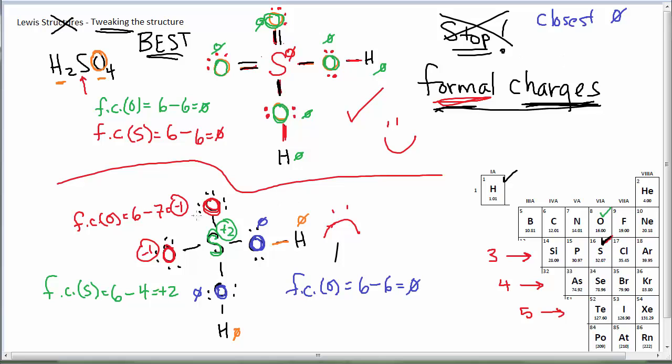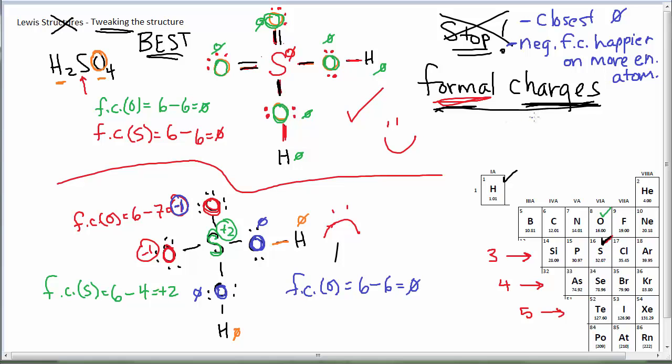In addition, if I do end up needing negative formal charges like we did down here with oxygen, the negative formal charges are happier on the more electronegative atom.